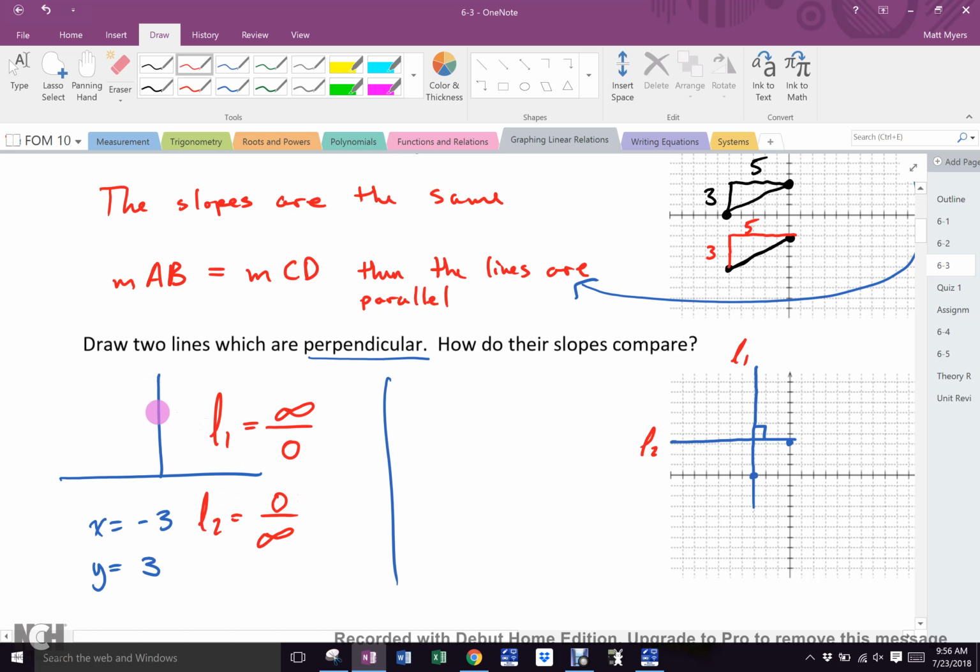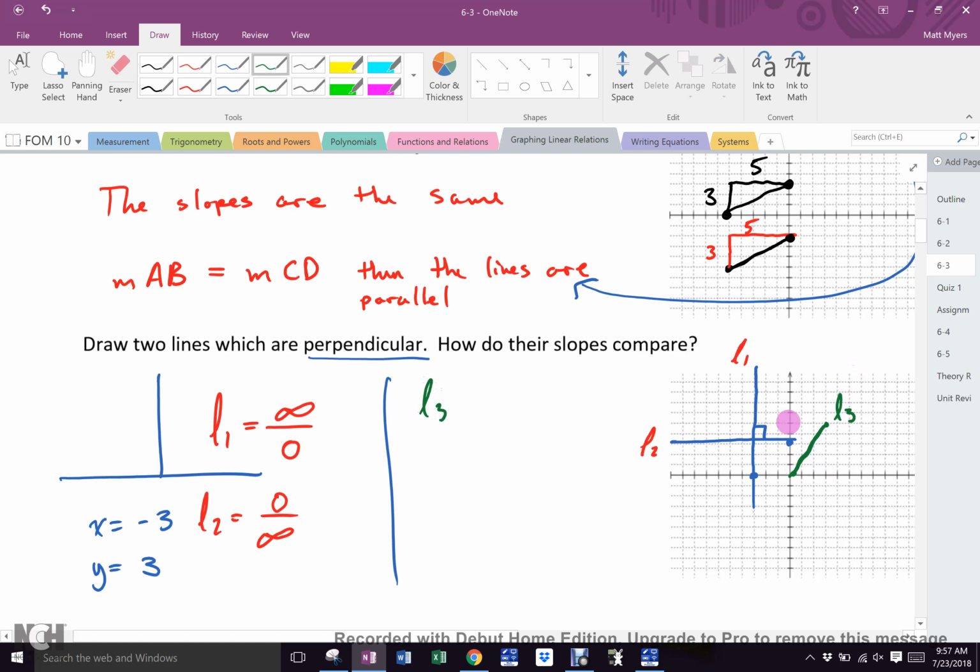Now that's great if they're up and down and side to side, but lines are not always vertical and horizontal, are they? Lines could just as easily be this. Oops, I didn't want to draw it that way. Right? That is our line 3. What is line 3's slope?